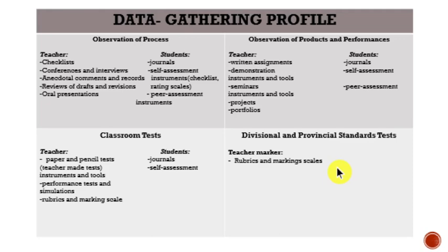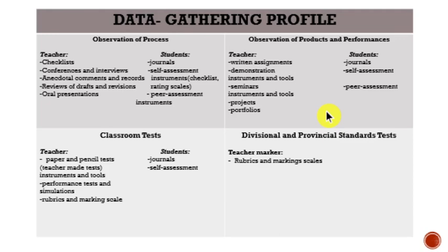It includes observation of process, observation of products and performances, classroom test, divisional and provincial standard test. In the observation of process, we have two factors, the teacher and the students. For teachers, we have checklists, conferences and interviews, anecdotal comments and records, reviews of drafts and revisions, oral presentations. For the students, they have journal, self-assessment, peer assessment.